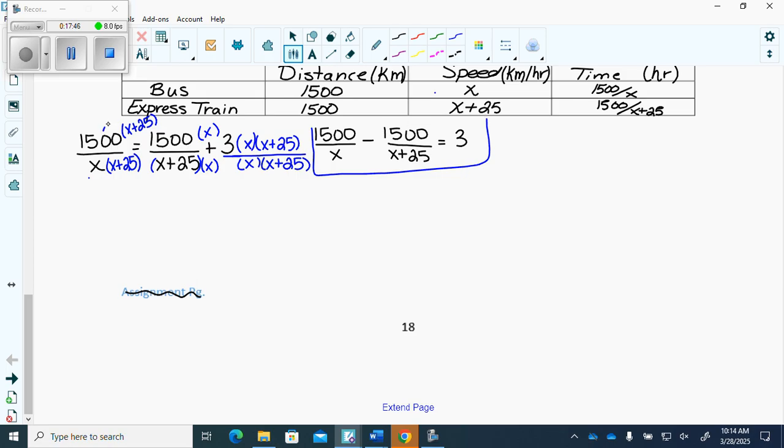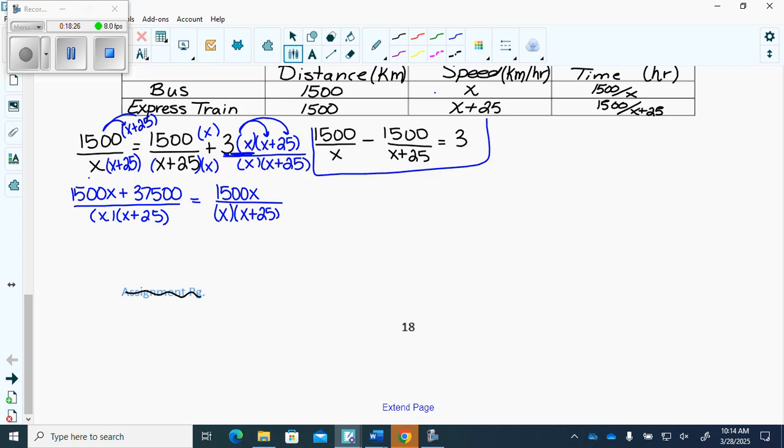So this one here, I'm going to get 1,500x plus, I don't know what that is, 37,500? Over x plus 25 equals 1,500x over x plus 25. And then what I always do is I put the 3 and the x together, and then I distribute them both in.